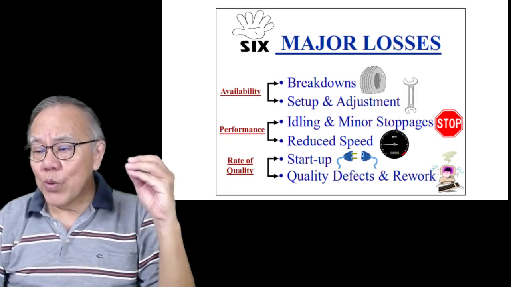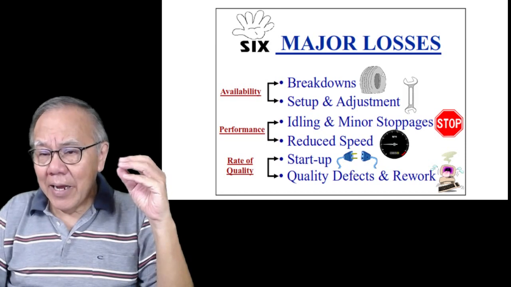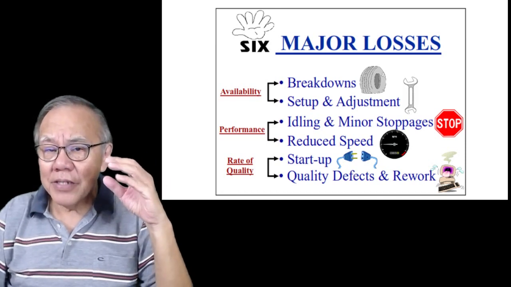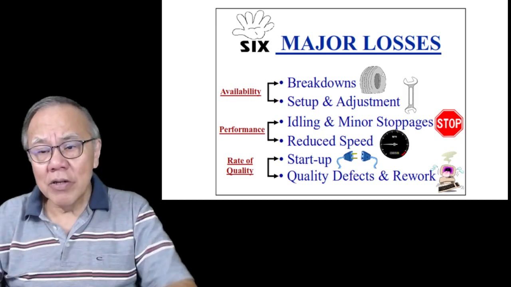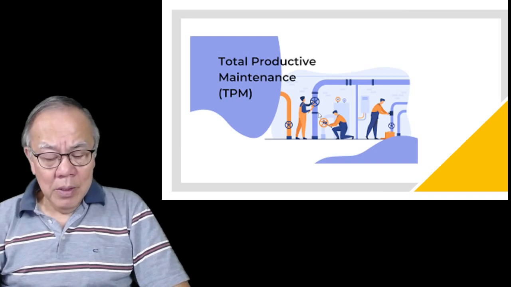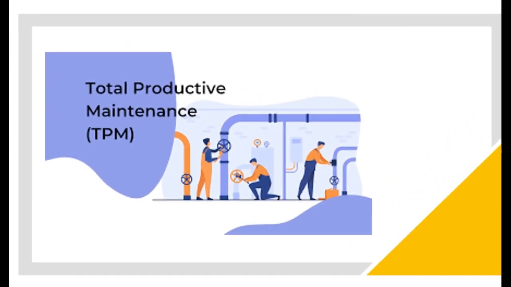So in order to have an increased asset life, you need to have a strategy to tackle all these six major problems. Now, one of the things most companies are doing, which at one time was quite popular, is total productive maintenance.